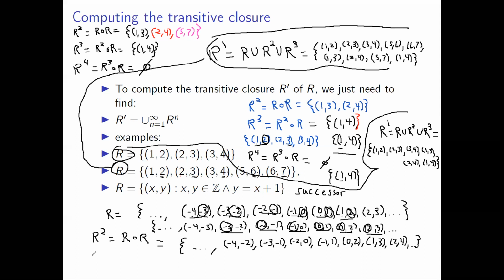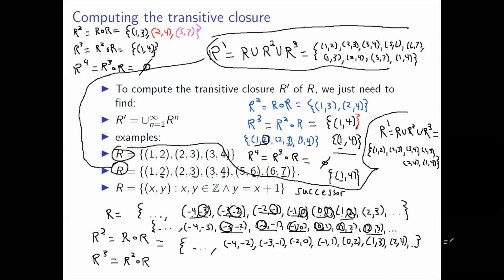I can do the same thing to get R cubed. Before we find R cubed, though, we can observe that the R squared that we just found has a nice way we can write it. All those ordered pairs we found have the same property.